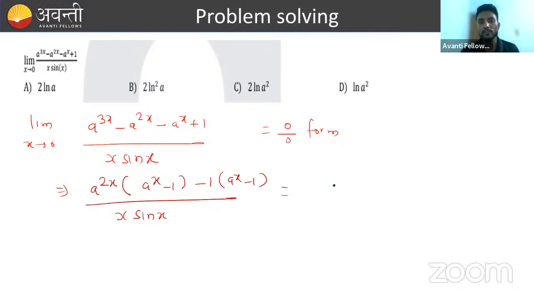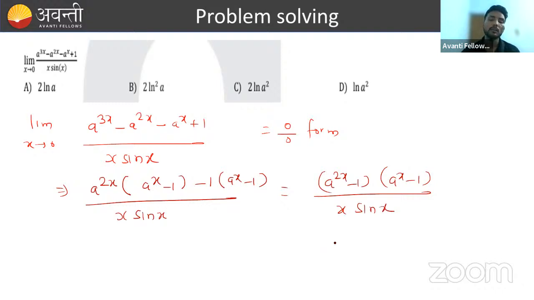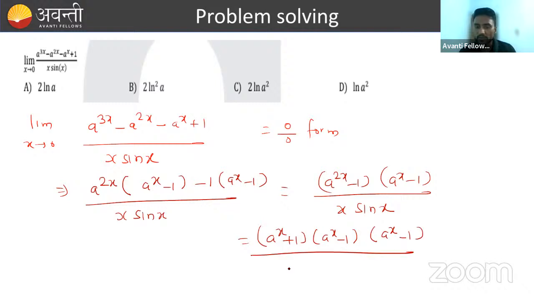So now we can see a to the power 2x minus 1, and this is a to the power x minus 1, and this is x sin x. Now again, I can write a to the power 2x minus 1 using a squared minus b squared equals a minus b times a plus b, like a to the power x plus 1 and then a to the power x minus 1, and then a to the power x minus 1 divided by x sin x.